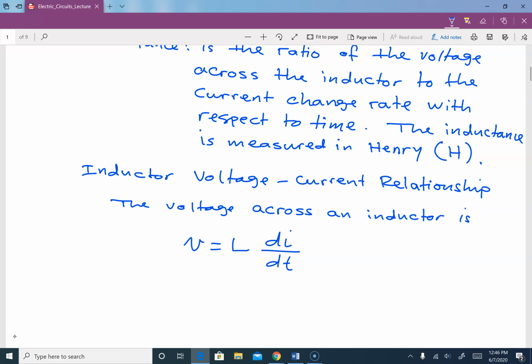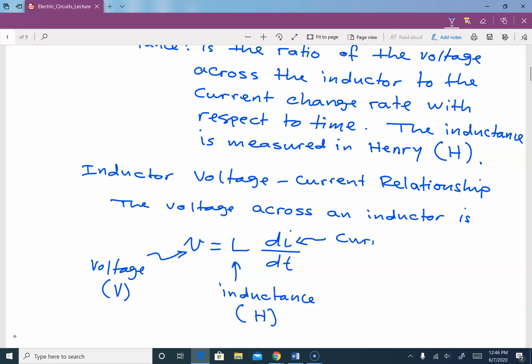So our V here is voltage in volts, this L here is inductance in Henry, this I here is the current in ampere, and the t here is time in seconds. So that's why when we defined the inductance, we said current change rate, because it is di.